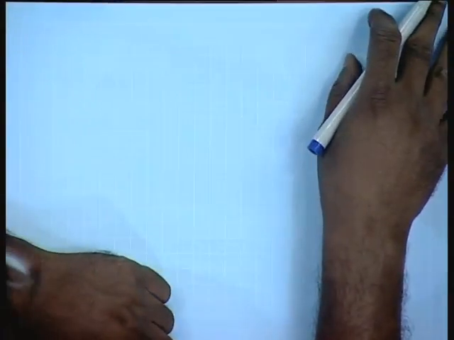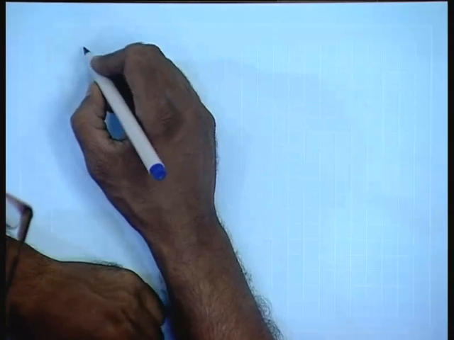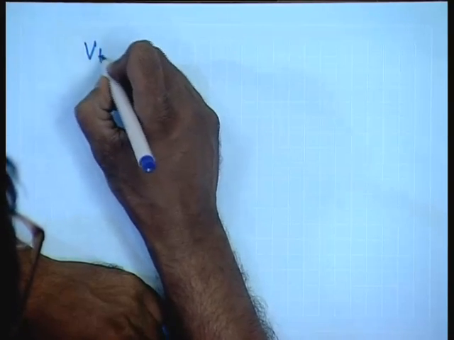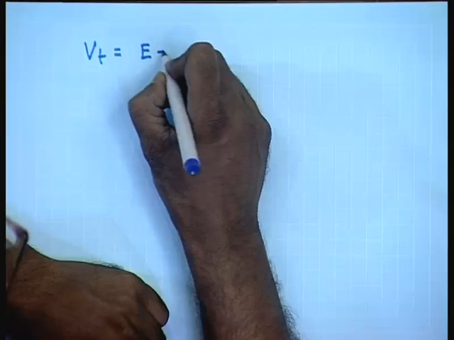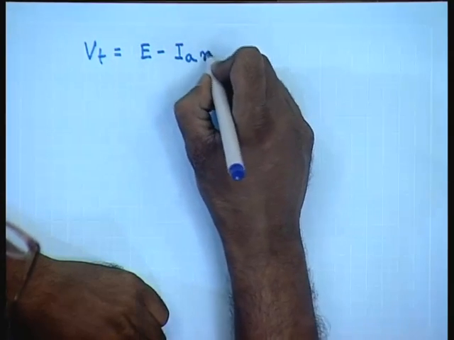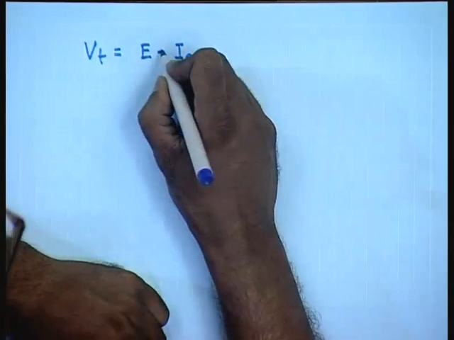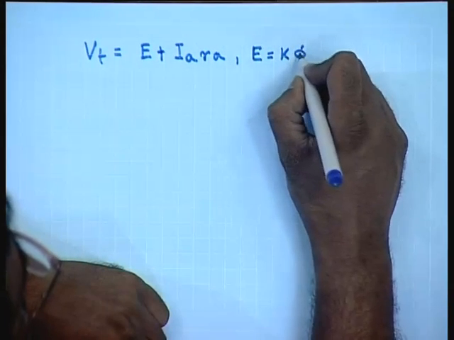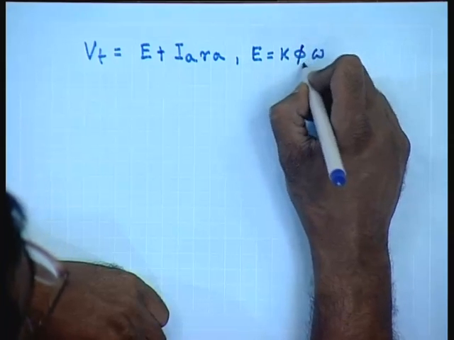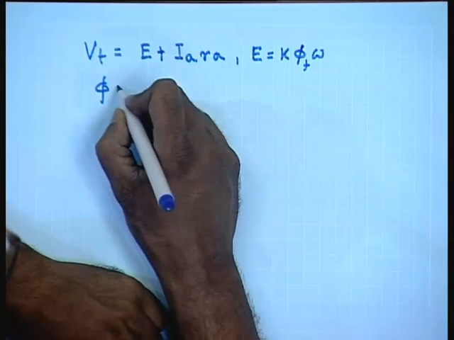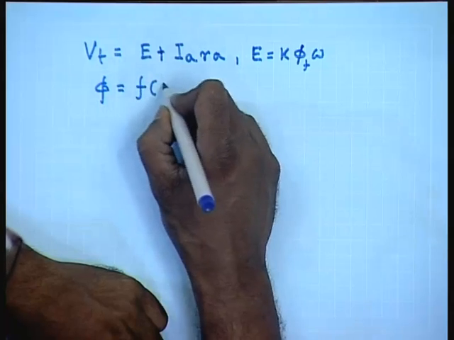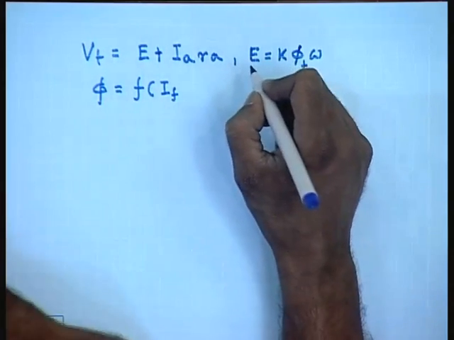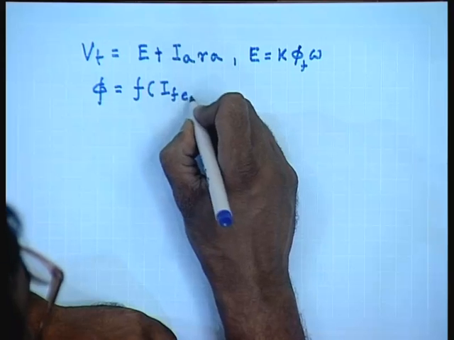Now, so far we have neglected armature reaction. We have written Vt equal to E minus Ia Ra and E plus Ia Ra, and E equal to K phi f omega, or phi f equal to a function of If, but when you consider armature reaction, this should be phi f equivalent.